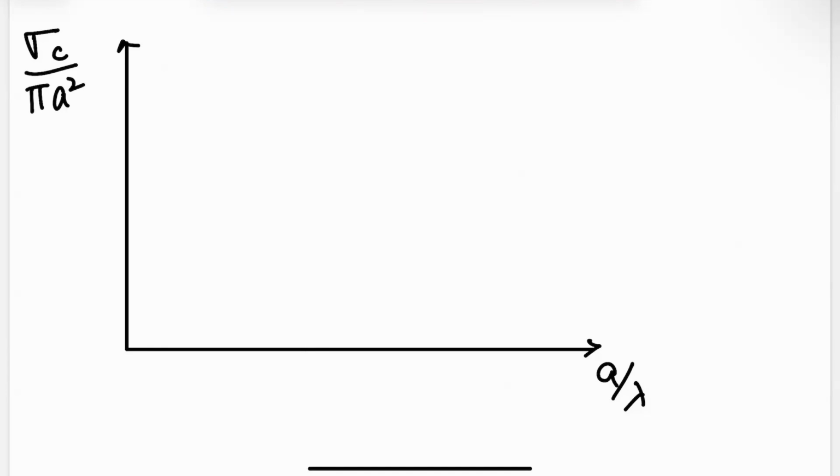Now our low frequency approximation said that this goes as something like that. This is maybe a log scale, and this is a linear scale.